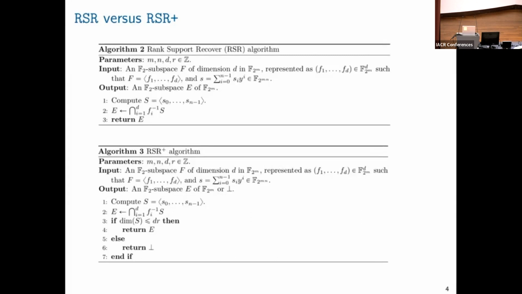If the dimension is larger than dr, then we consider the ciphertext invalid. If the dimension is smaller or equal to dr, then we compute the intersection. This helps save the number of rows that you need to represent each Fi inverse times big S.